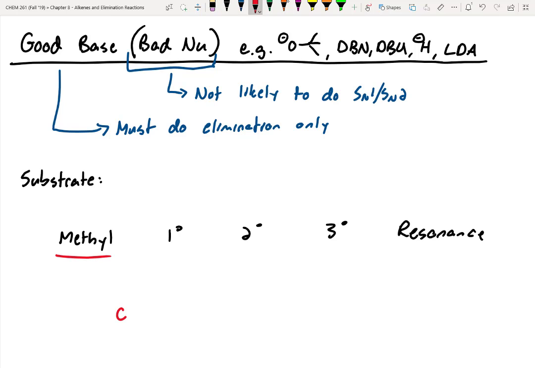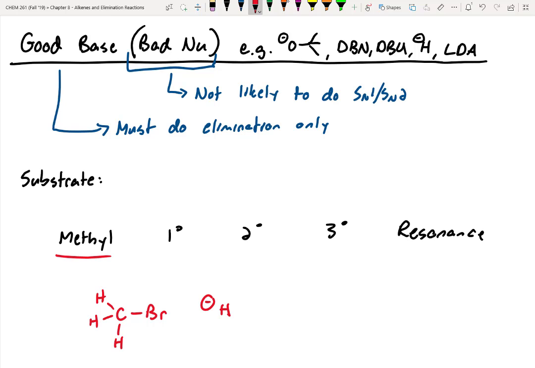So what if I have something like this, that's a methyl group and a leaving group, and I treat it with hydride, H minus. What sort of elimination chemistry will this do? Will it do E2? Does anybody see a problem?